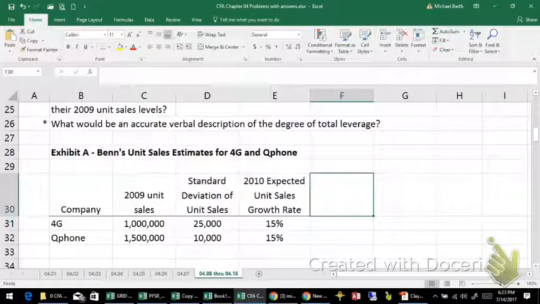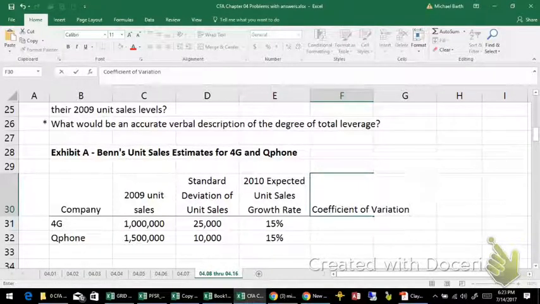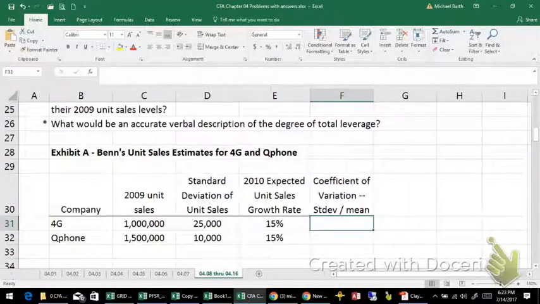Another way you can measure relative risk here, there's a coefficient of variation, which is the standard deviation divided by the mean of whatever it is you're looking for. And that gives you a relative risk.